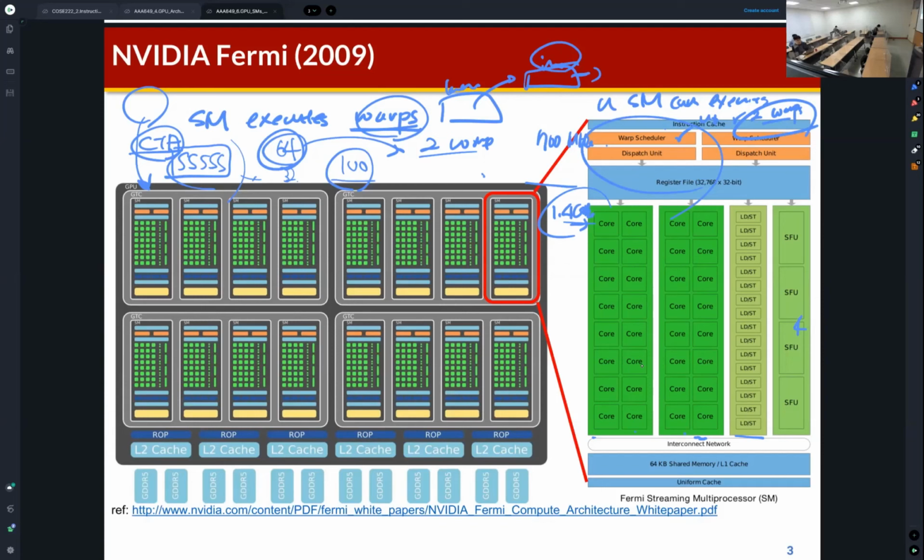It's a cycle accurate simulator. In order to use it, we need to change the configuration, such as the size of the register file or the size of the cache. Also, we can change configurations like the number of SMs.